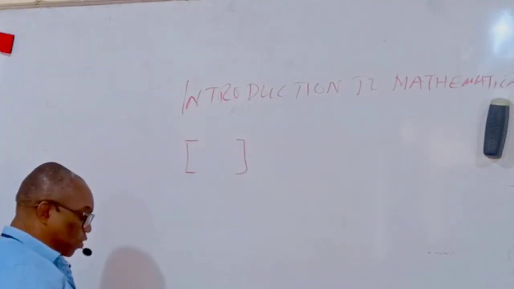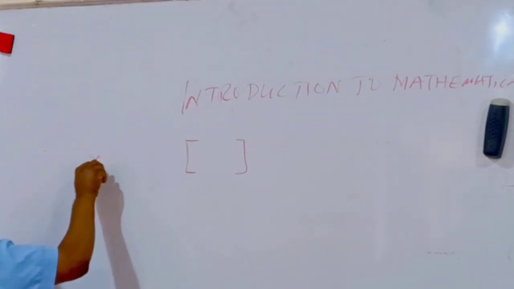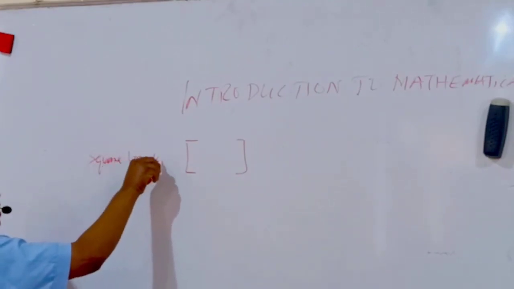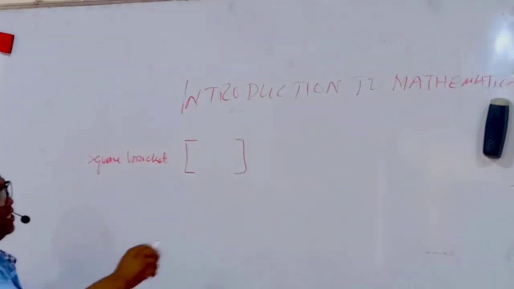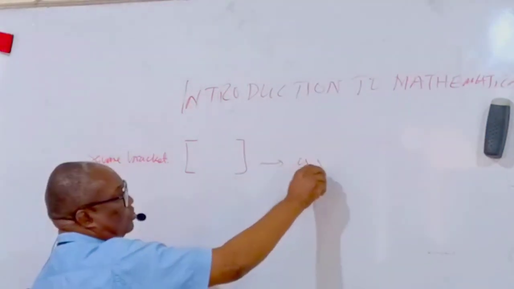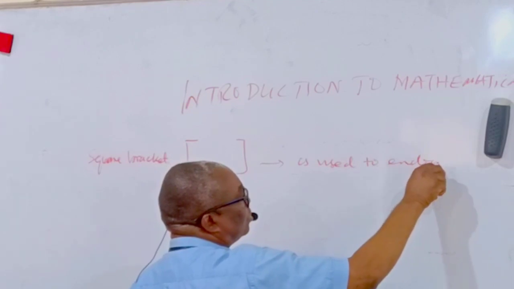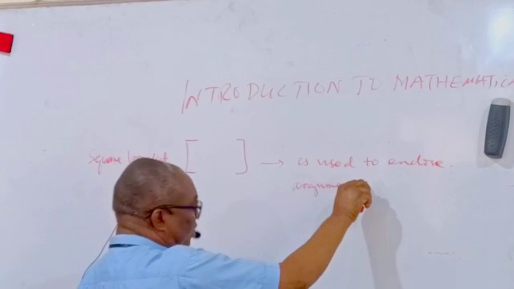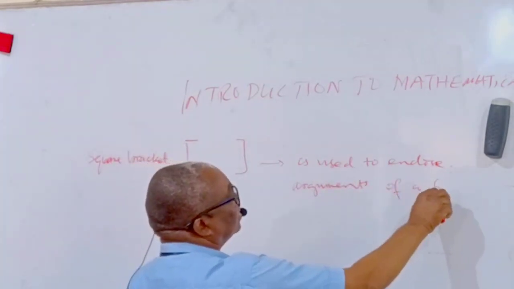Most times we call this one a square bracket, is it not? It's a square bracket. This is used to enclose arguments in our computation of a function.